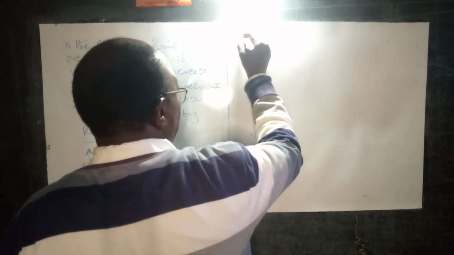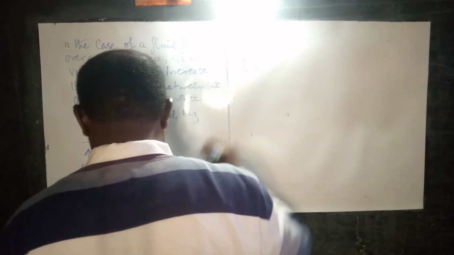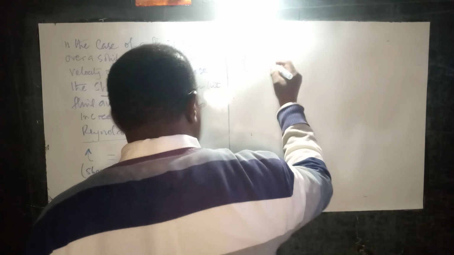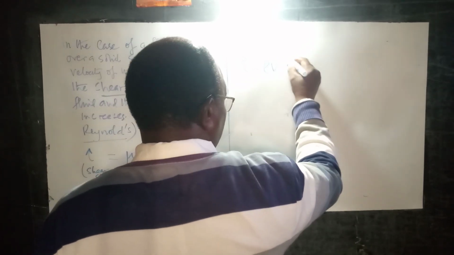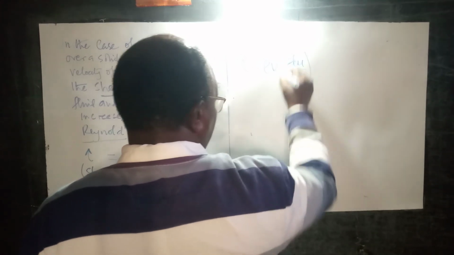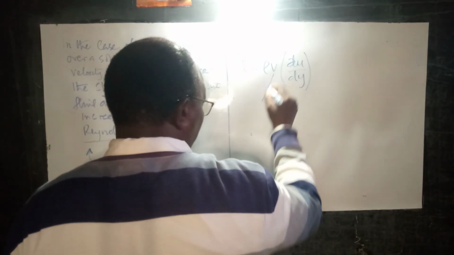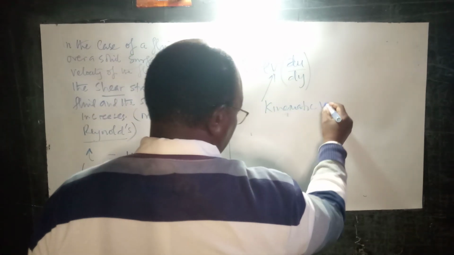Or we can also represent tau as being equal to rho nu du by dy, and of course now nu is the kinematic viscosity.